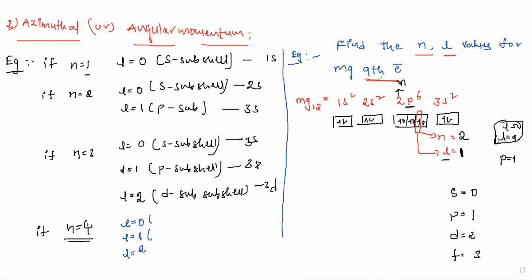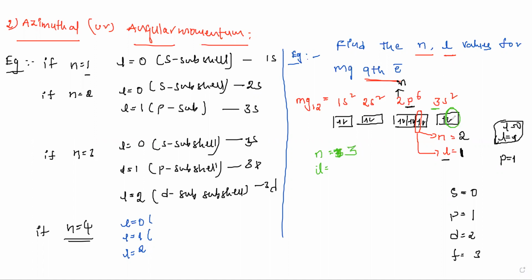For example, they may ask the same question: find the principal quantum number and angular momentum quantum number for the last electron of magnesium. This last electron is present in the third shell, so the principal quantum number value is 3.